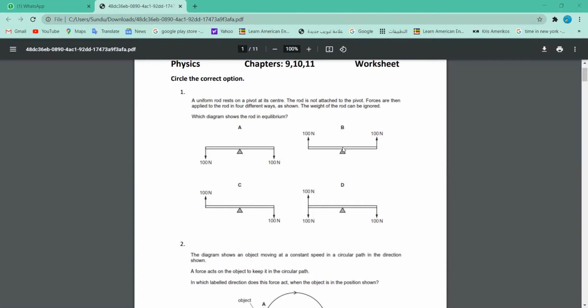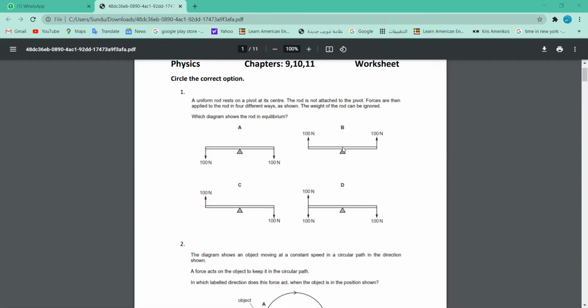Because the fulcrum is also exerting an upward force. Remember that, but that is being neutralized by the downward weight, which they told us to be ignored. But it is there, and so forget those two forces. Forget the upward force exerted by the fulcrum and the downward weight, because they are canceling out each other. So they are out of the picture.